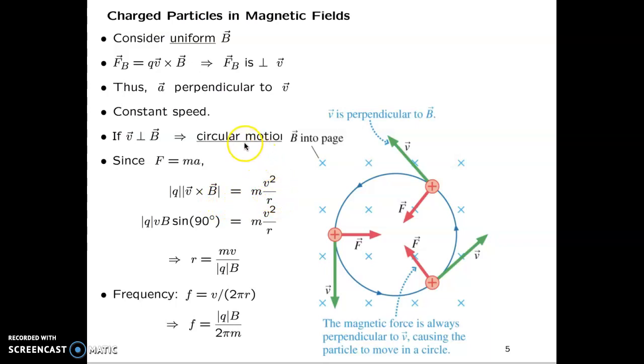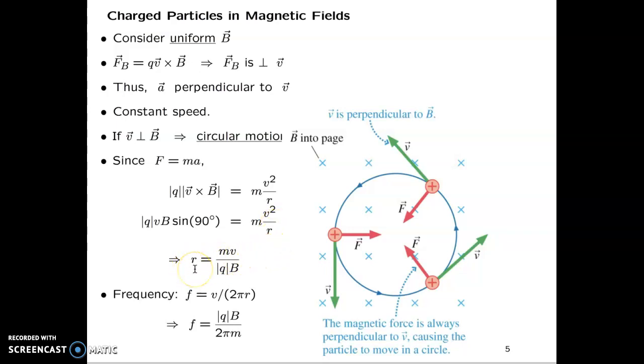But for circular motion with constant speed, you'll recall the acceleration is V squared divided by R, where R is the radius of the circle. So if V is perpendicular to B, that's a choice, the angle is 90 degrees, and the sine of 90 degrees is 1. And we leave the right-hand side as it was. You'll notice there's a partial cancellation of V: V cancels partially with the V squared on the other side.